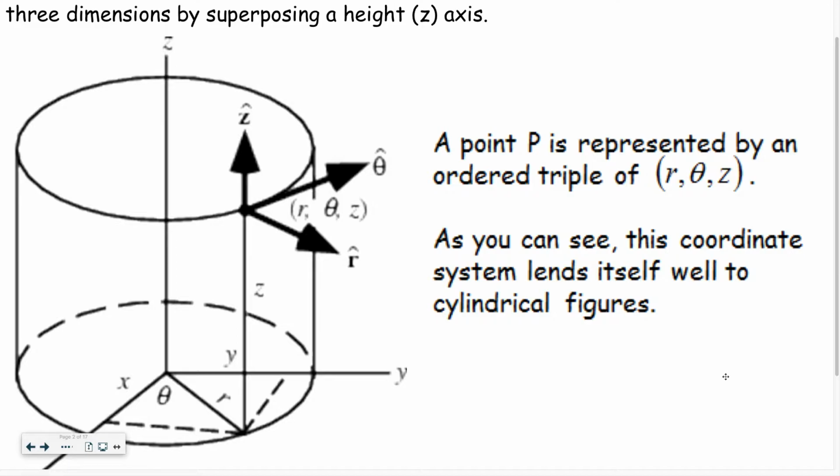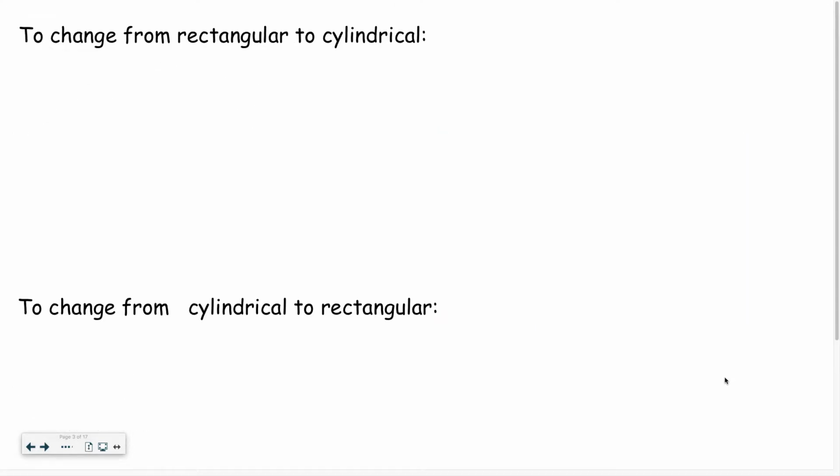Okay, so really with cylindrical coordinates, there's not a lot to adjust to, because going from xy to r theta and vice versa is the same as it was in 2 dimensions. The only thing that's different is there's a z, and z doesn't change.